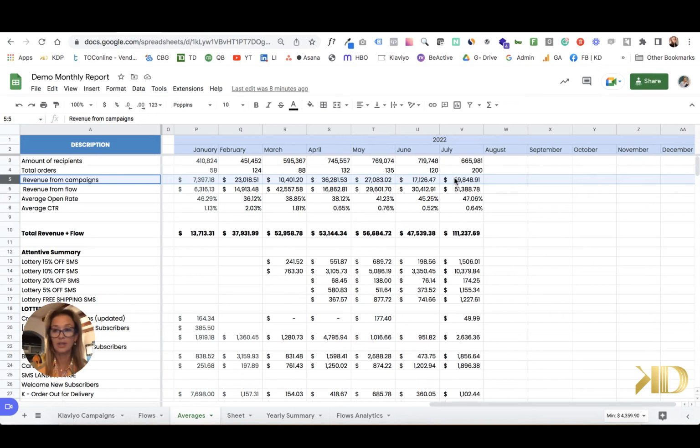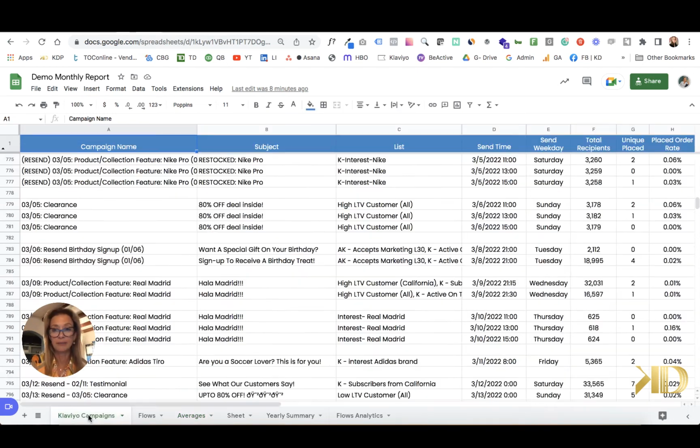July was specifically high, but here I feel like, okay, there was a problem. Why did we do 10,000 less than the months before? I would go in and analyze the campaigns in the Klaviyo tab, or I would go to the Klaviyo dashboard.